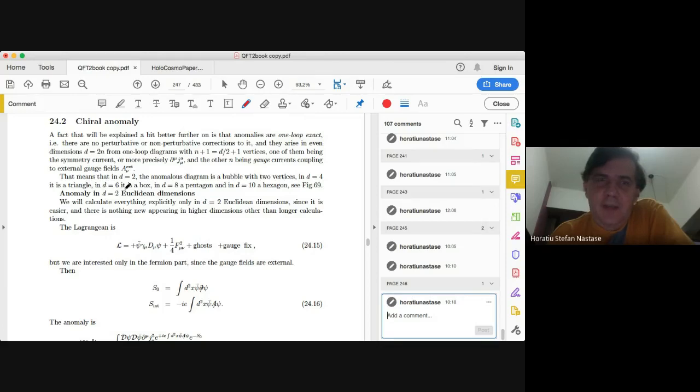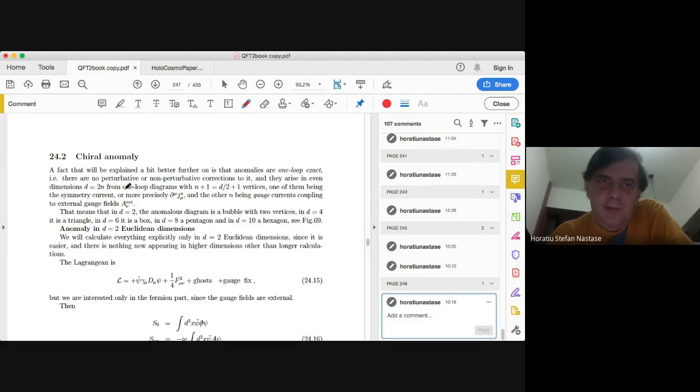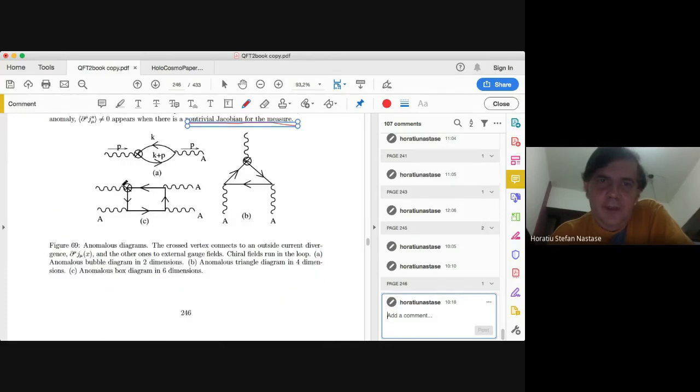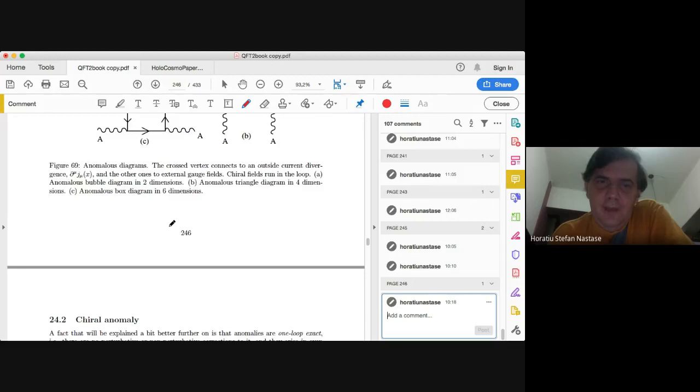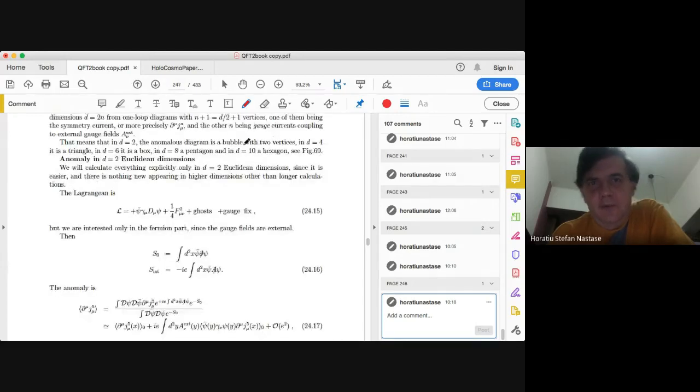In 6 dimensions it would be a box, with 4 vertices, 1 with d mu j mu a and 3 with A. You can continue further: in 8 dimensions it's a pentagon, and in 10 dimensions a hexagon.